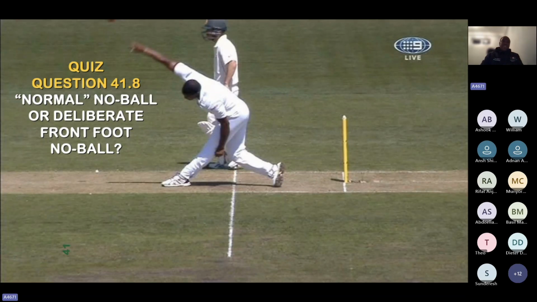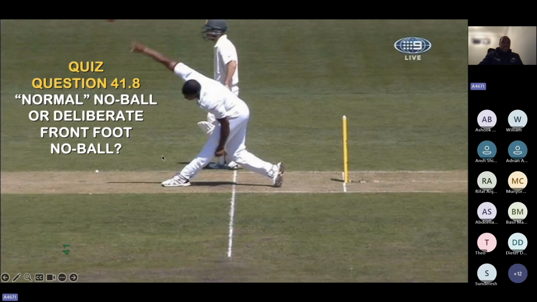Again, like Abdullah mentioned earlier, the state of play would guide you and give you clues as to whether a front foot no ball is deliberate or not. There was definitely some argy-bargy, some needle, maybe words exchanged before this delivery between the bowler and the striker. If you look at the trajectory, the ball is almost off the screen here.